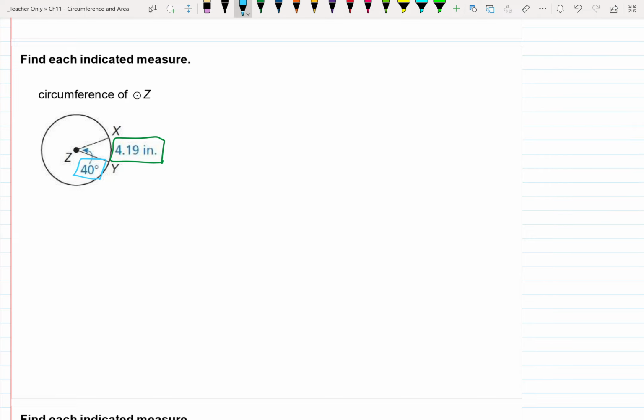The arc length is 4.19 over the circumference. We don't know what r is. We know we can find it though with 2 pi r. This equals our arc measure, 40 degrees, over 360 degrees. Once again, cross multiply.